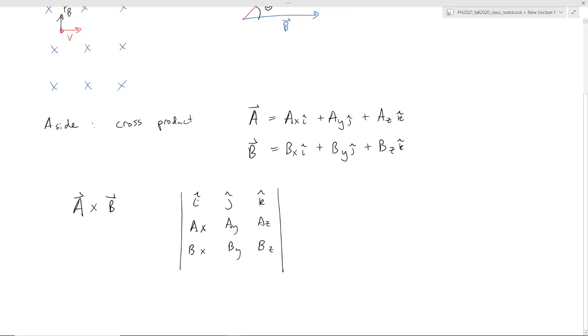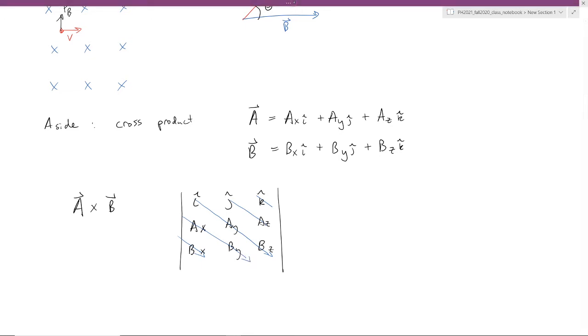I'll try to draw this as nicely as I can. You would have one that would look like this, one that would look like this, and this, and then one that would look like this.